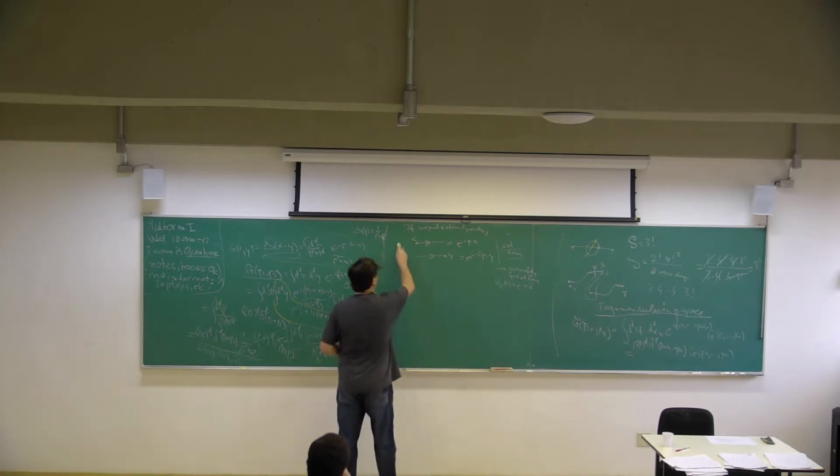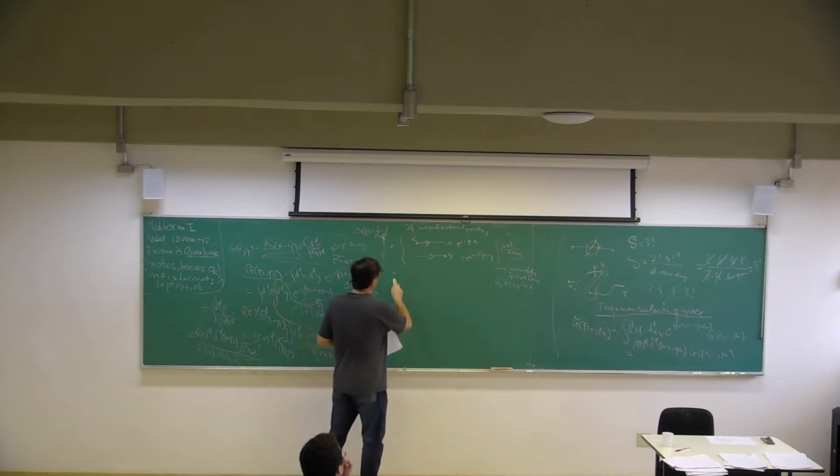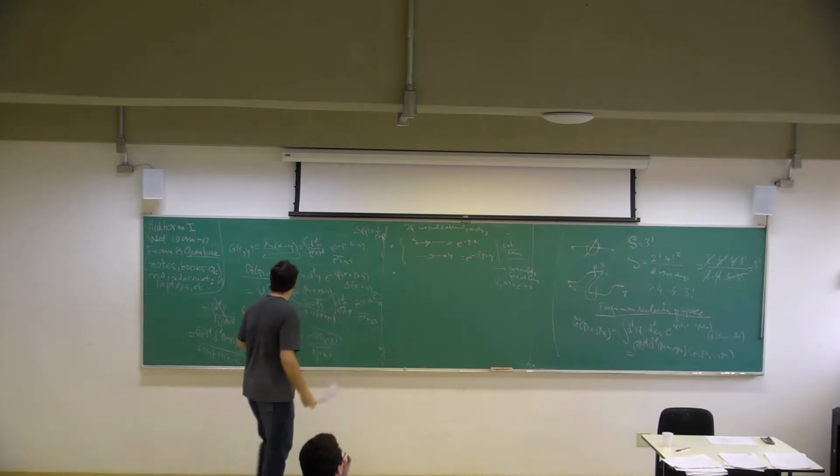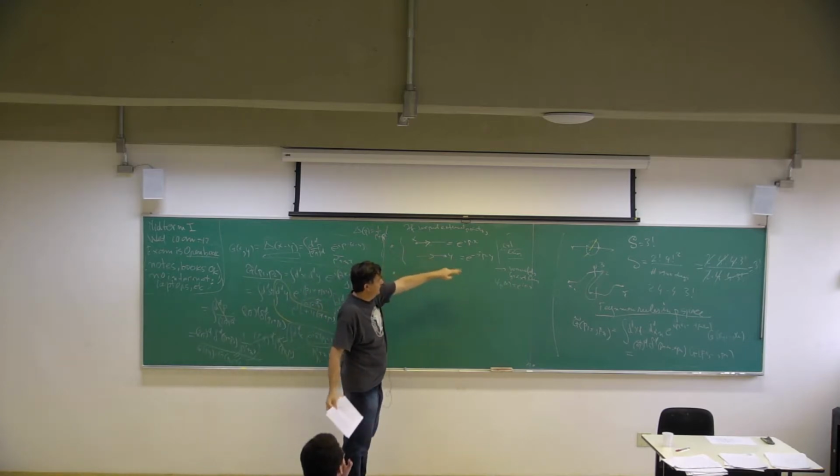So there would be two ways of writing them. One is if I write these external points, then I put this wave function with e to the ipx.